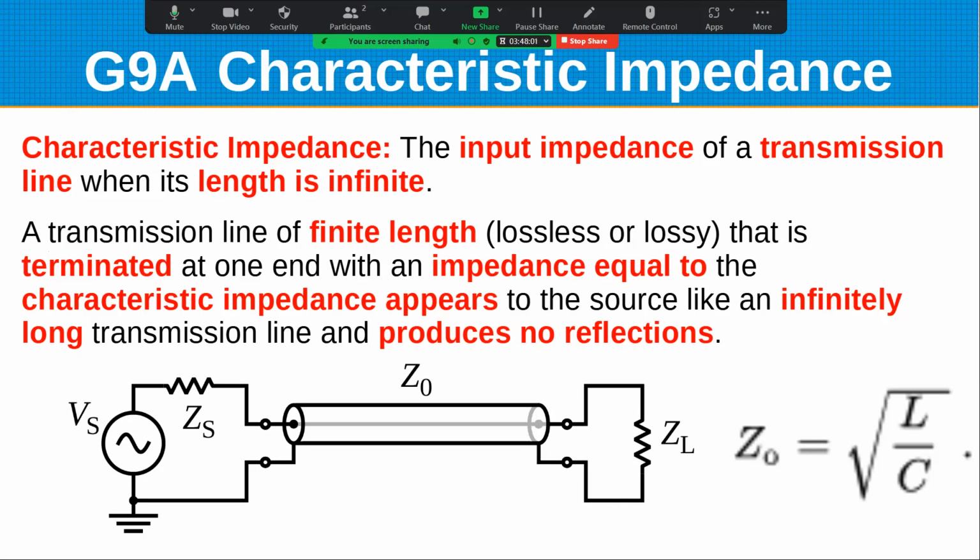So if it's a finite length, if you terminate it in its characteristic impedance on each end, it appears to be infinitely long, and you get no reflection from the load, your antenna or whatever you're connecting it to. In our world, it's usually an antenna.